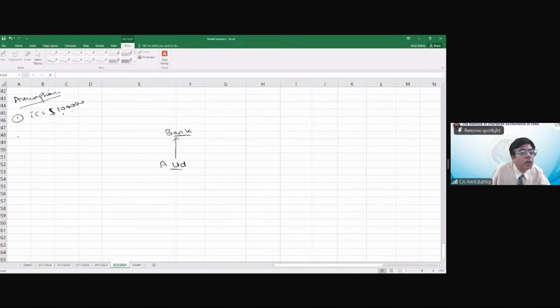Then the spot rate is, say, for example, $1 is equal to 80 rupees. Further, I am making one assumption here, and that is that the bank margin is rupee 0.20 per dollar.